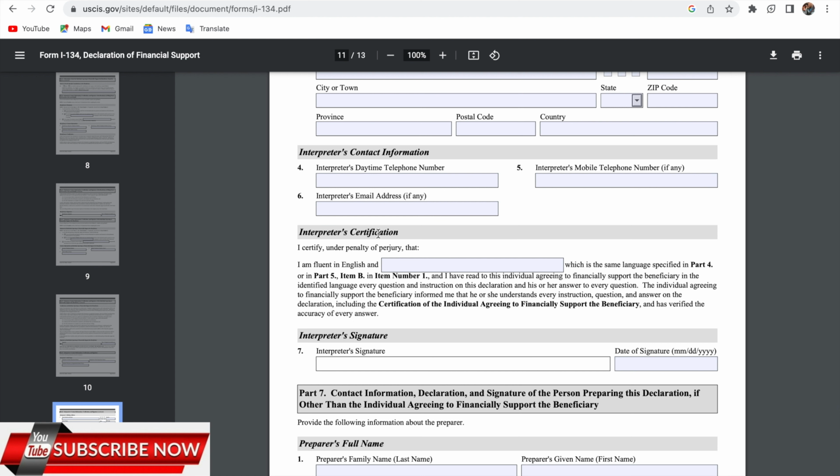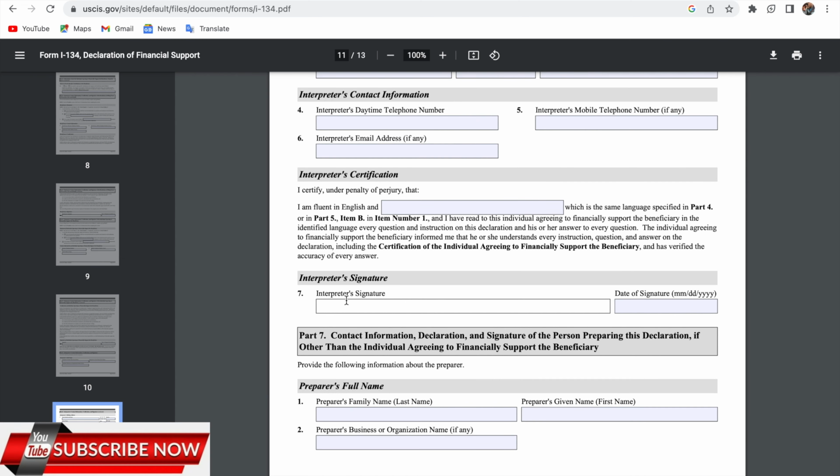And for the interpreter's certification, you put that you are fluent in English and, for example, if the beneficiary speaks Twi but is not good in English, you just put in Twi, Ga, Ewe, whatever language you use to explain to the beneficiary. Then the interpreter's signature and date.